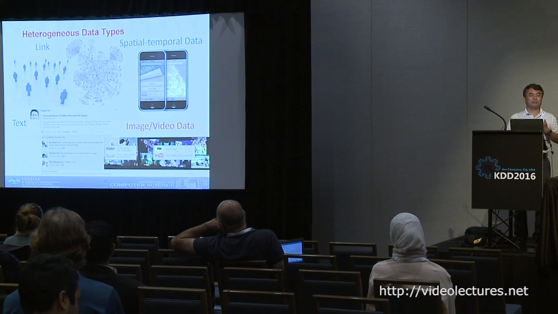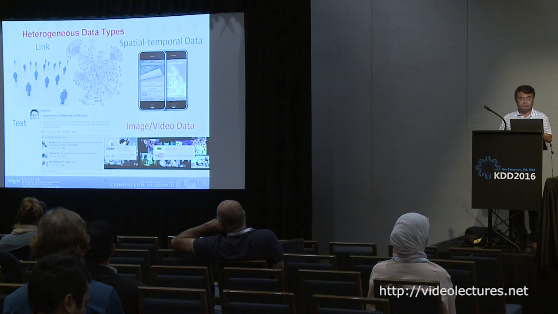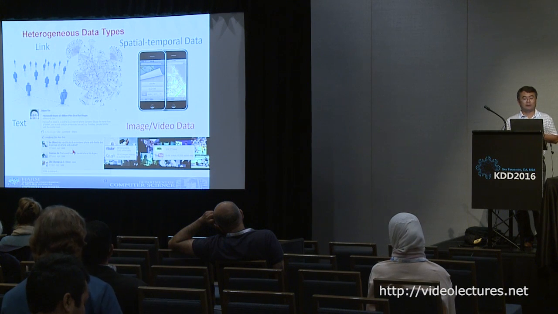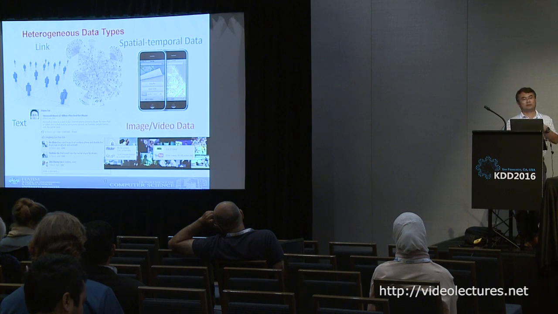So obviously we have the pixels, the frames, so that's image and video data. But a lot of them actually carry either timestamps or geolocation information. And then obviously such visual content is shared with other text information as well. And like I said, social multimedia is generated for social interaction. So the bigger context is the user network, the social network.